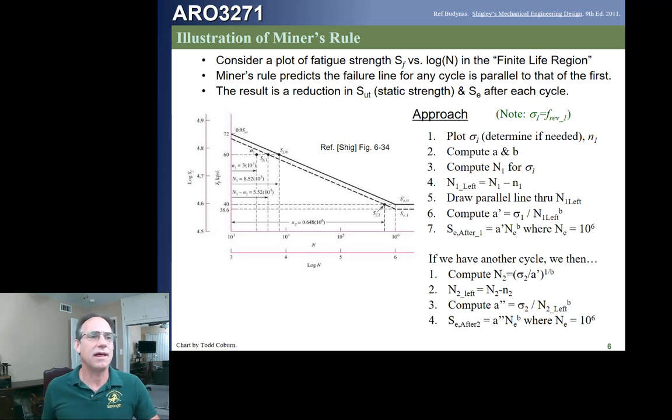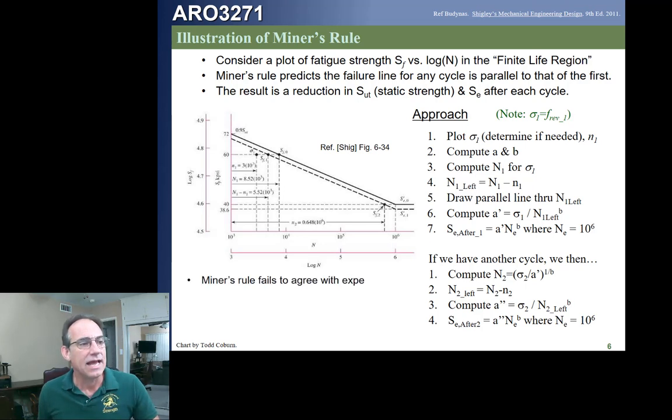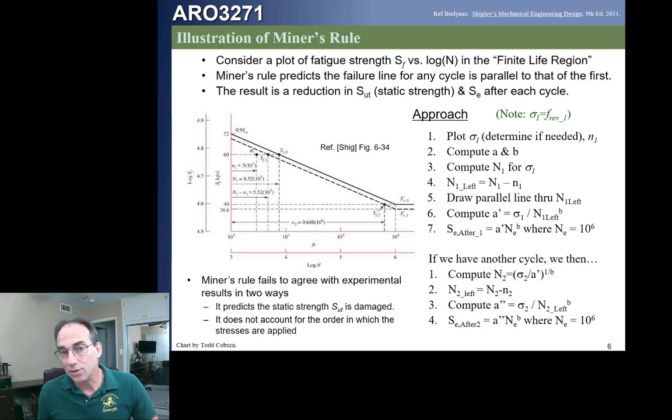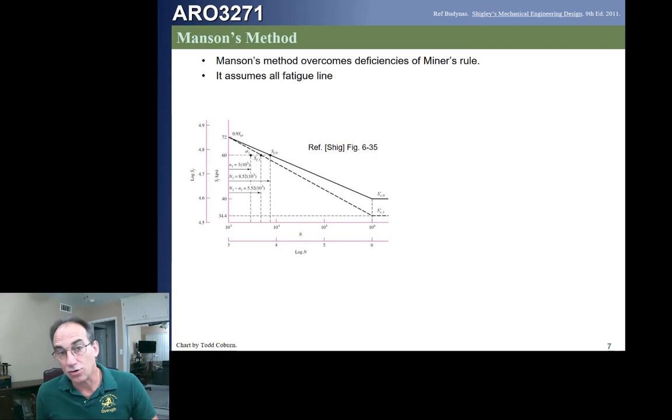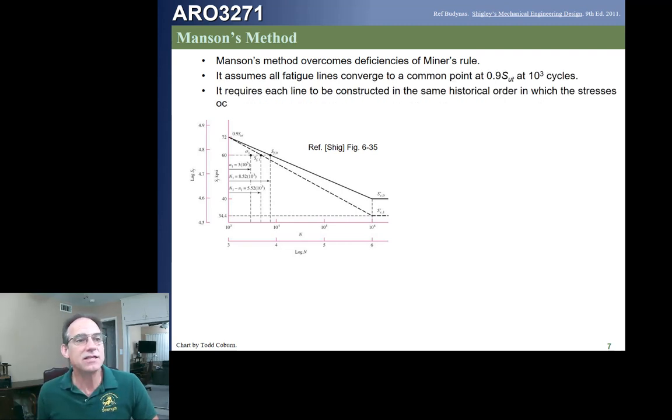I'm going to show you one other method. It's called the Manson Method, and it follows a similar approach. It looks at some of what people think are shortcomings of Miner's rule and corrects them. So we're going to have a similar step-by-step procedure. We're going to start by looking at the same SN curve, which is shown here.